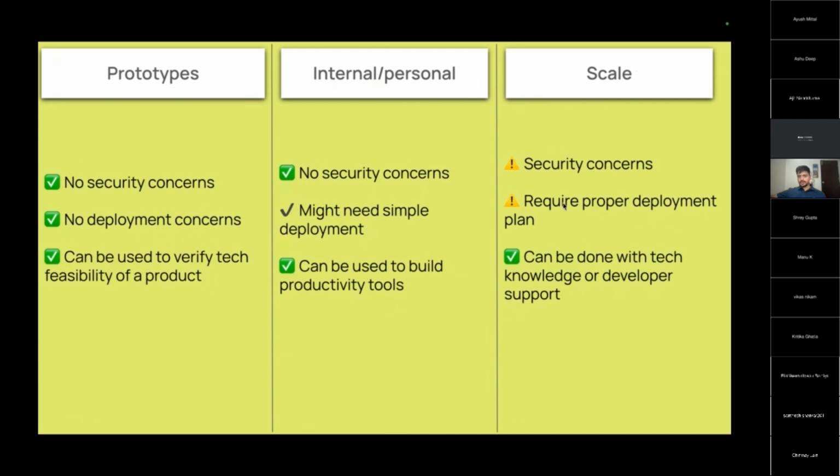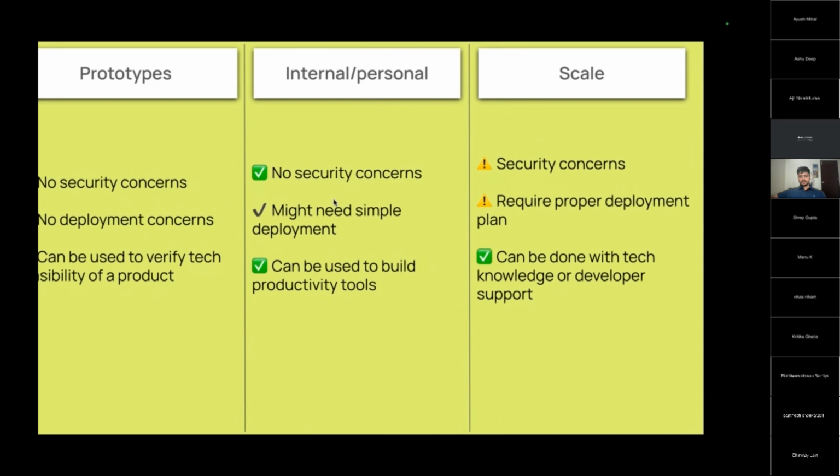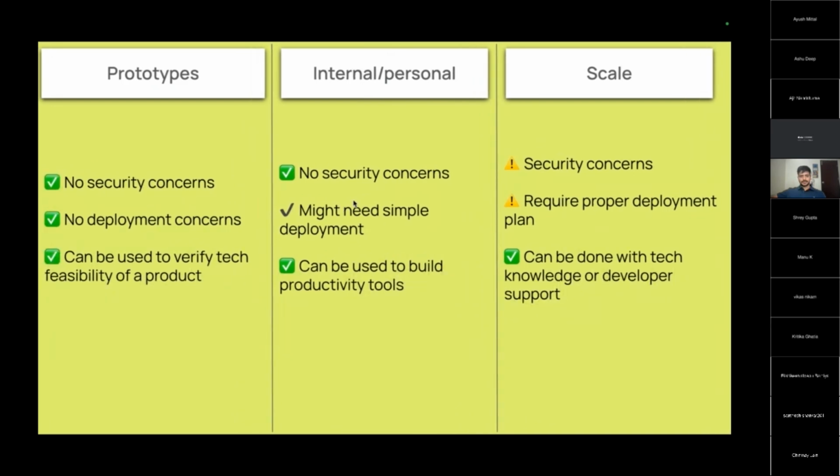Basically, you need to deploy it on instances, GCP, AWS, and that requires a proper deployment plan, which requires developer help. You can vibe code a production-scalable product, but with technical knowledge yourself or developer support. Right? So yeah, I'm done with my presentation.